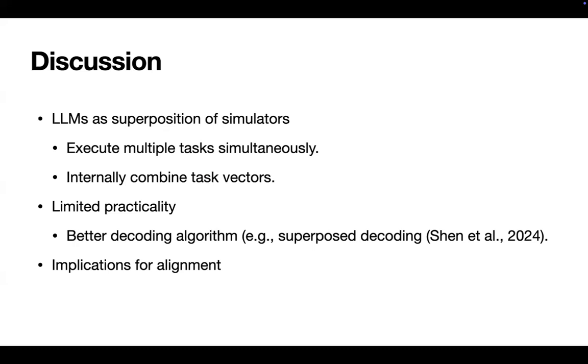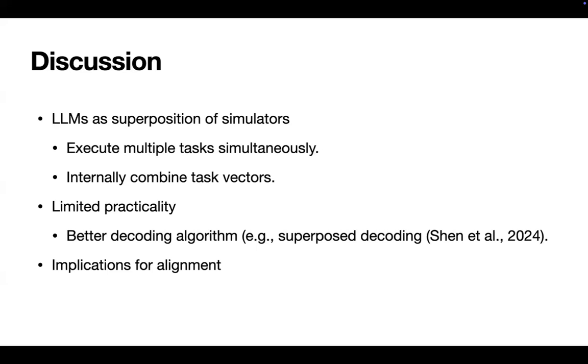However, one limitation of our paper is that we explore a weird superpower of LLMs, but currently it has limited practicality. This means that we can probably design a better decoding algorithm, because we show that LLMs are not just doing one thing when provided the problem. They can actually do multiple things.